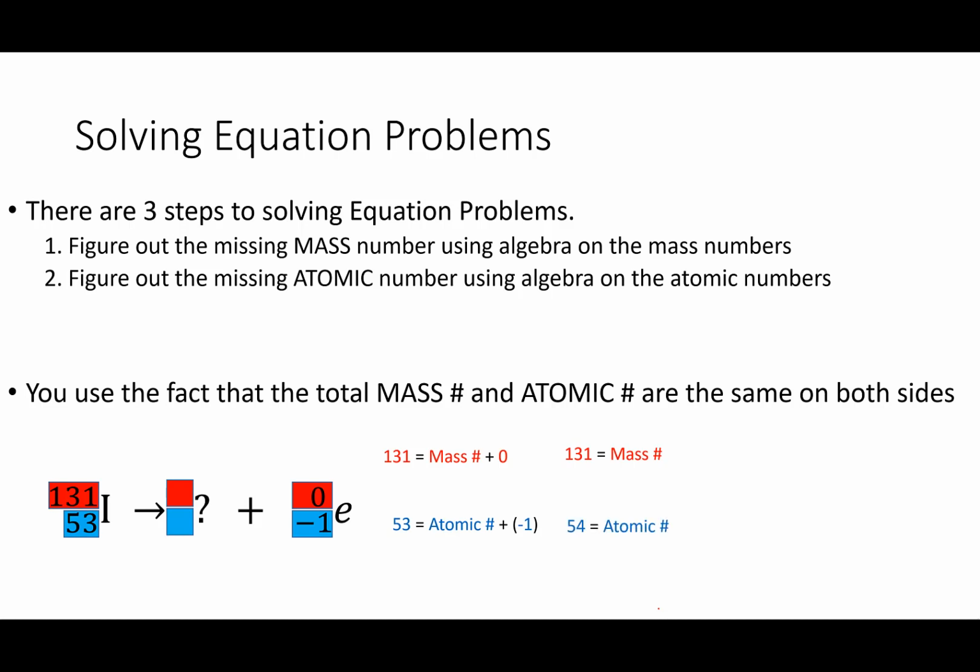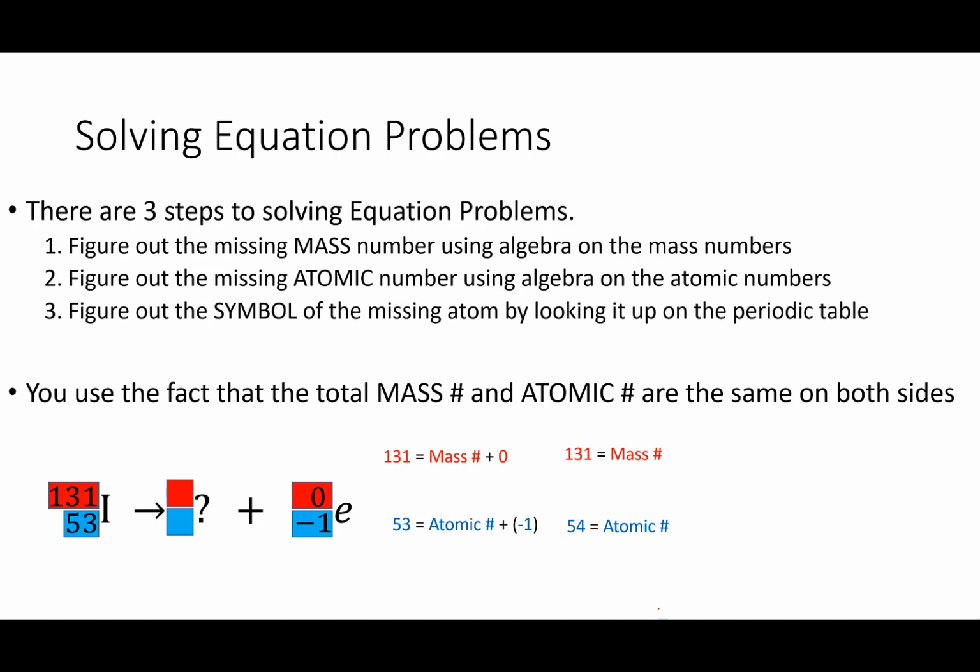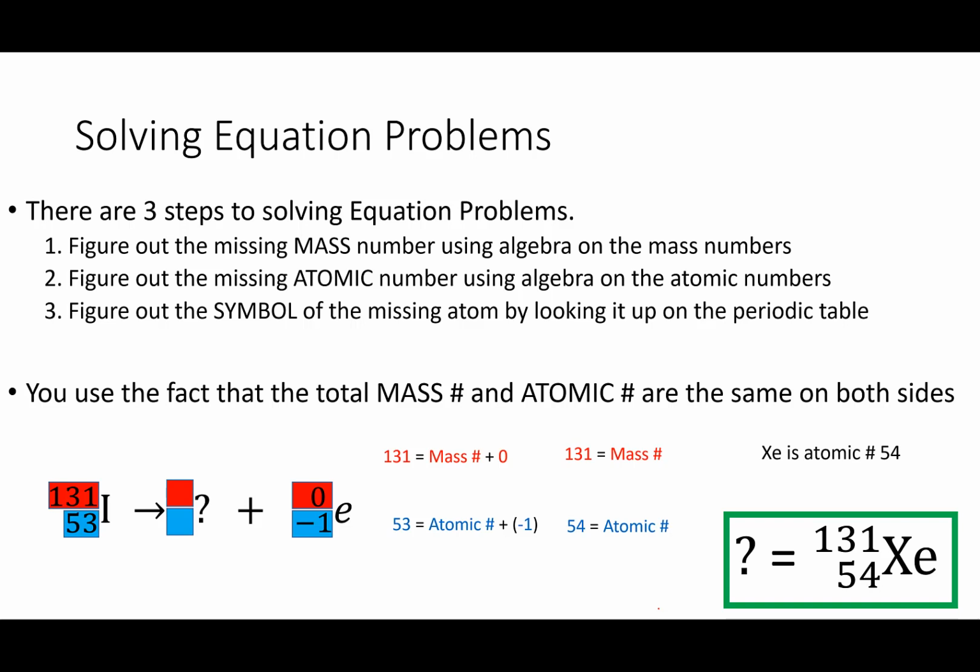And that number has to be 54, because to get rid of a minus 1, you add 1 to both sides. So then, once you know what the mass number and the atomic number are, you look up the symbol that has that atomic number. In this case, it's xenon. And you write the element. That question mark is xenon 131. And then the 54 is the atomic number on the bottom.